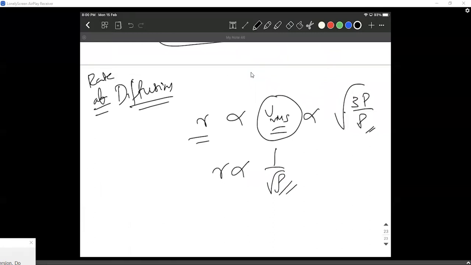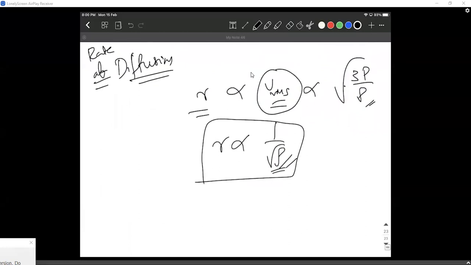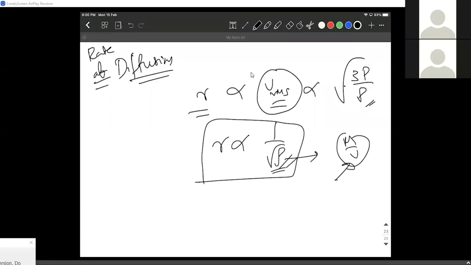You might not come across this kind of problem in chemistry, but there is a chance that there is a problem in physics that you might face. The rate of diffusion simply depends inversely on the square root of the density of a gas, and the density of a gas again depends on the mass and the volume, which is a whole different picture, but just a reminder.